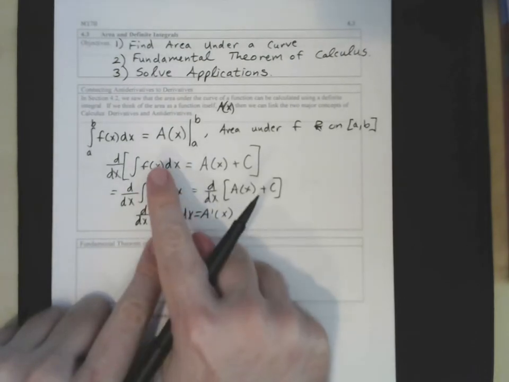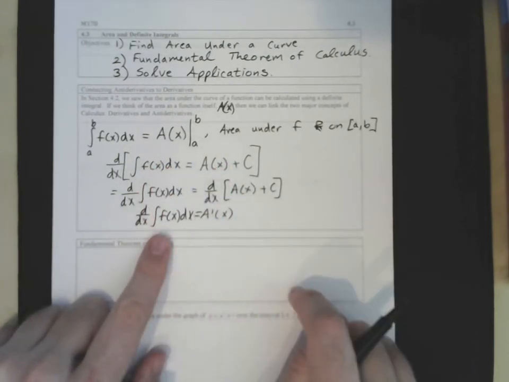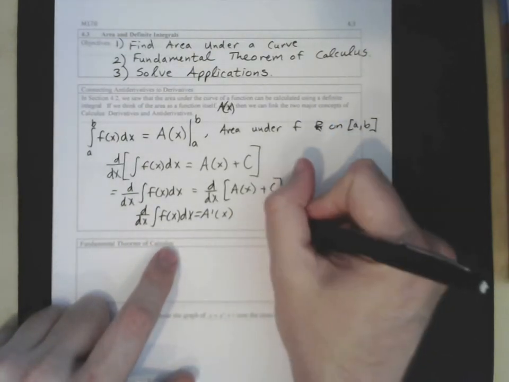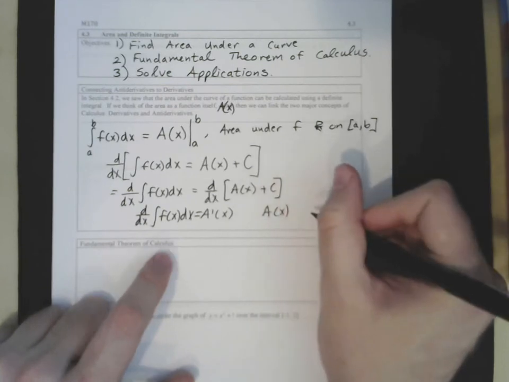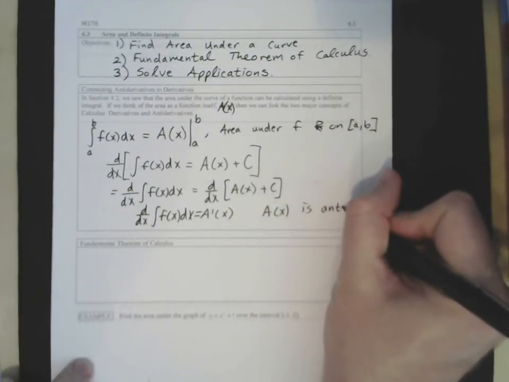And we know from 4.1 that this A of x is the antiderivative of f. And so that means the area function, A of x, is the antiderivative.